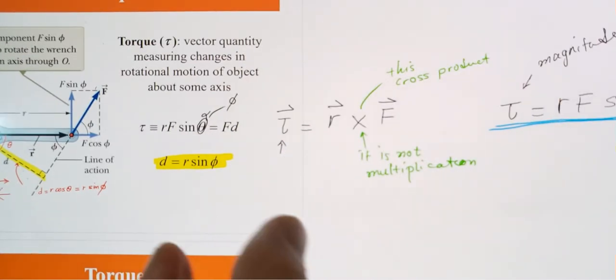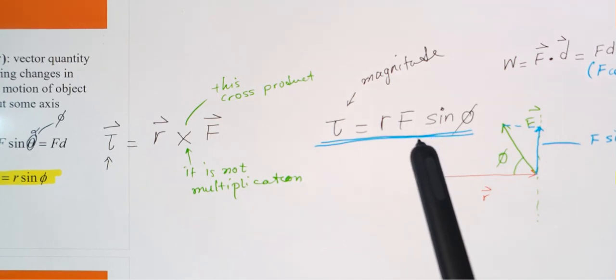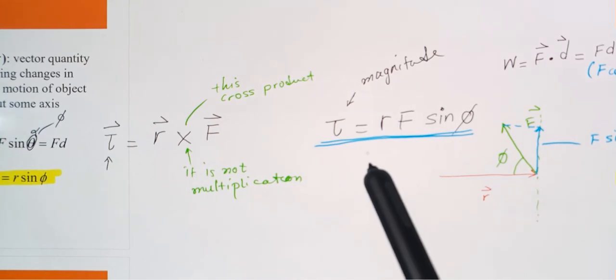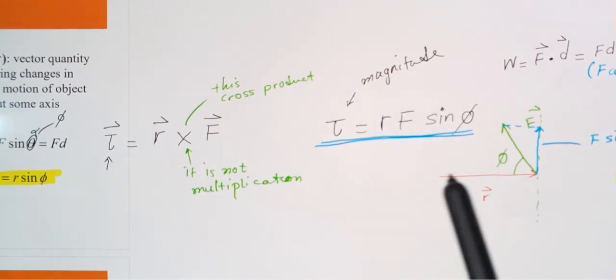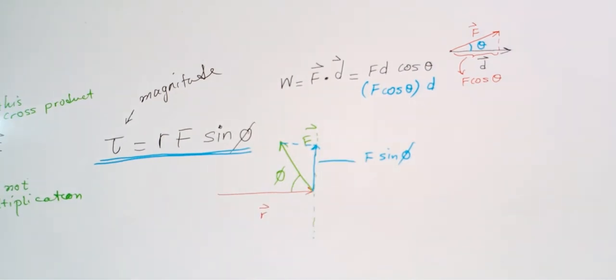I will stick to this definition. It is much easier to understand. Of course, dot is parallel. Dot is the component in the same direction of the displacement. Will it cross? No, it's perpendicular.